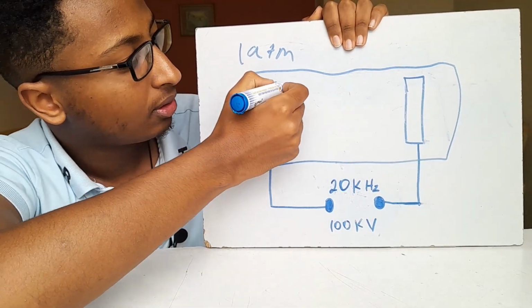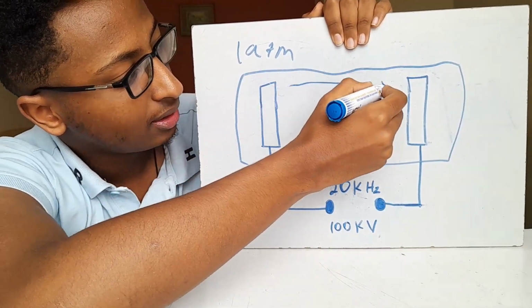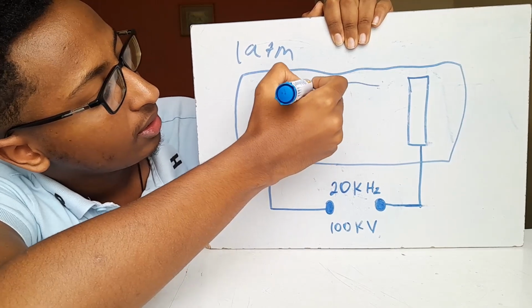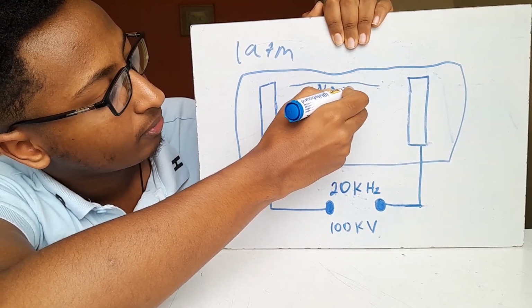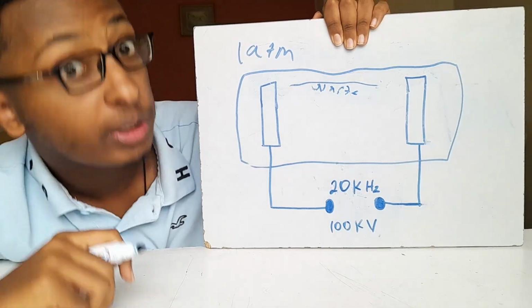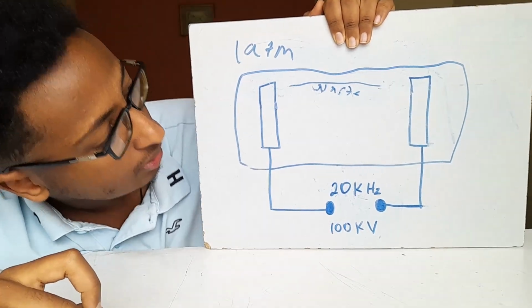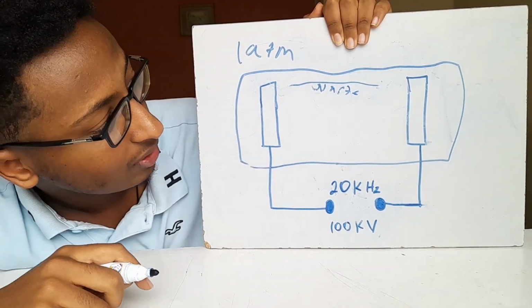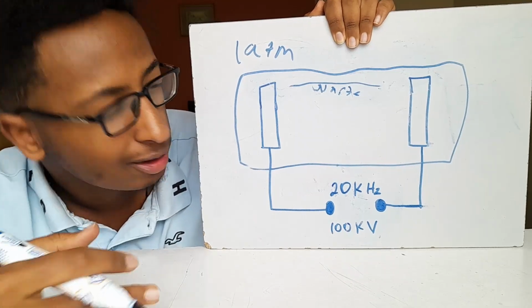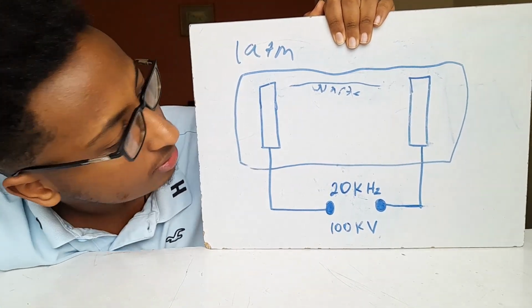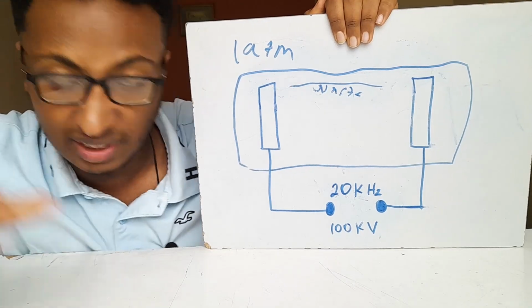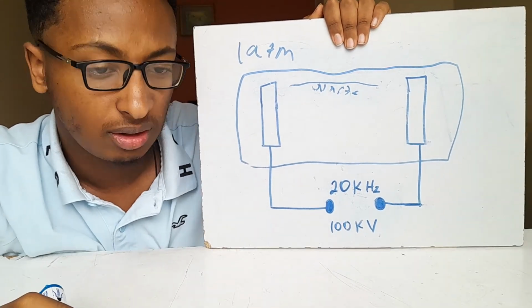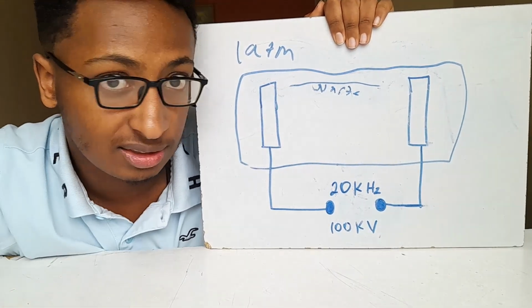When we increase the pressure, it also becomes difficult for the electrons to jump through, because the pressure condenses the particles together, which increases the obstacle.